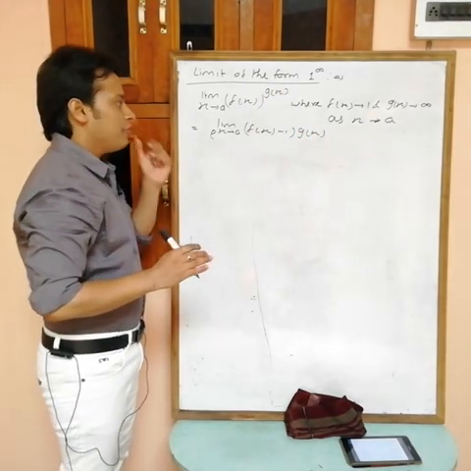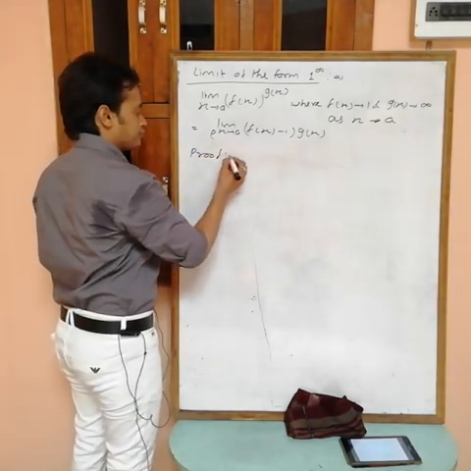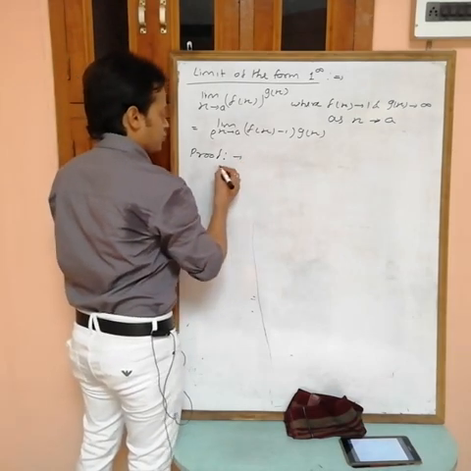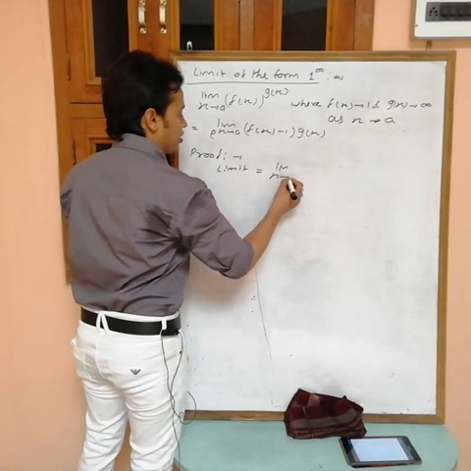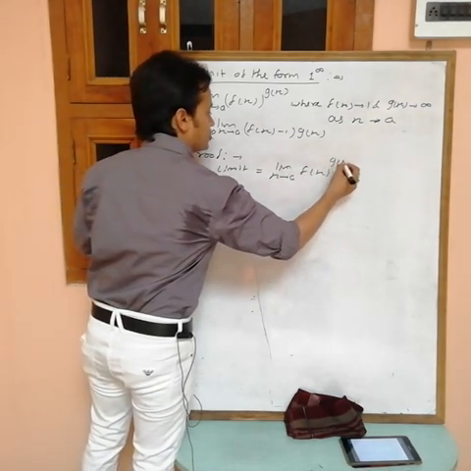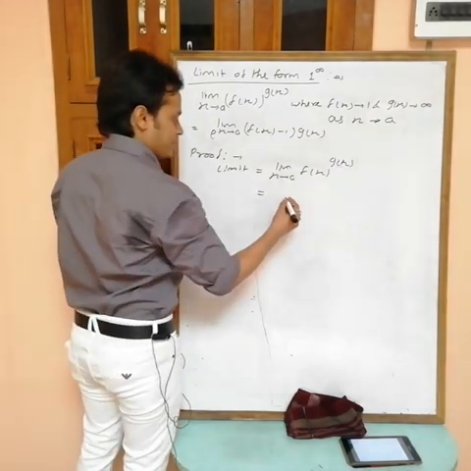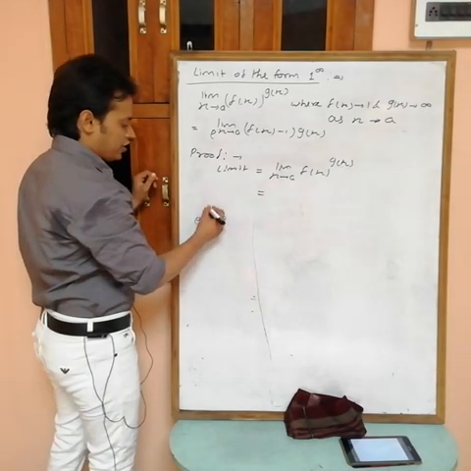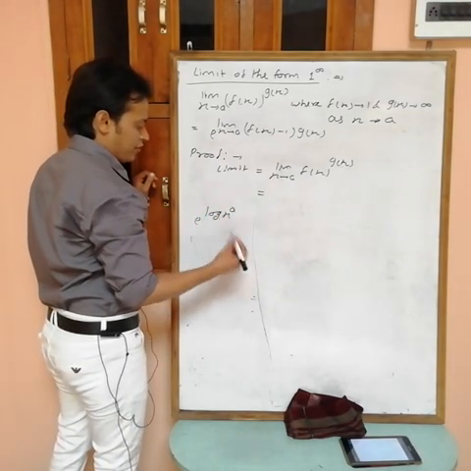Now how are we getting this formula? Suppose we want the value of limit x tending to a of f(x) power g(x). Can you find the value of e power log x power a?